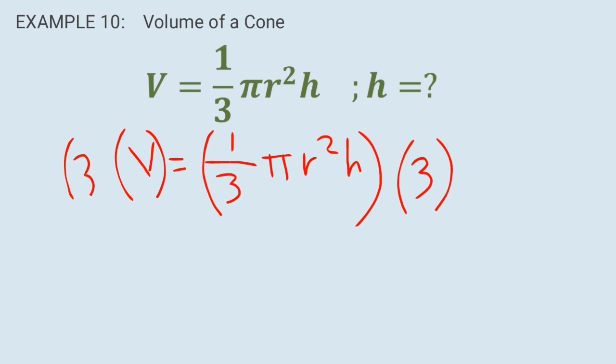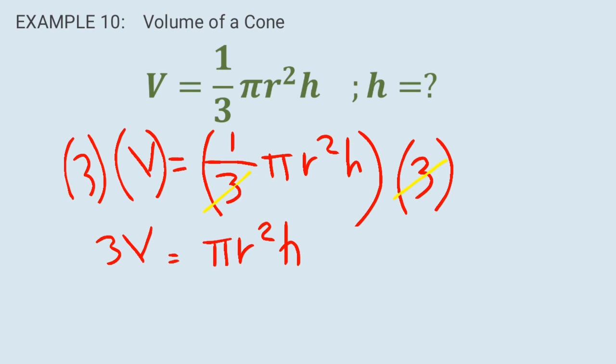And you also multiply this on the other side. Now we can cancel this out, and we are left with pi r squared h and 3v.